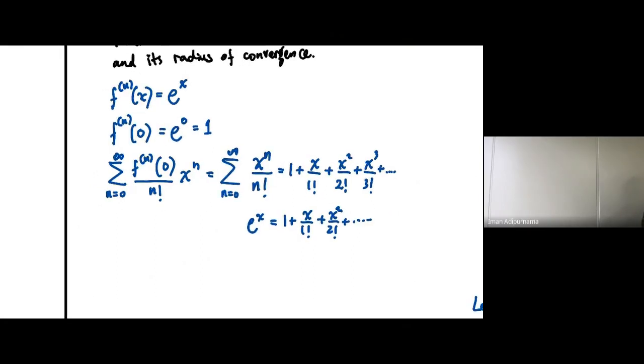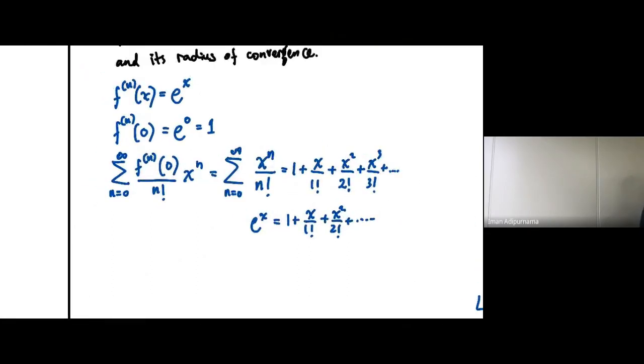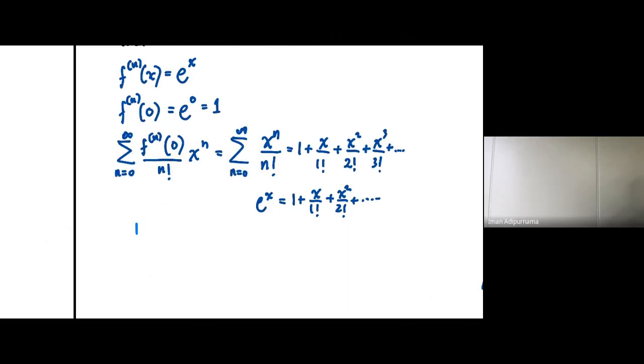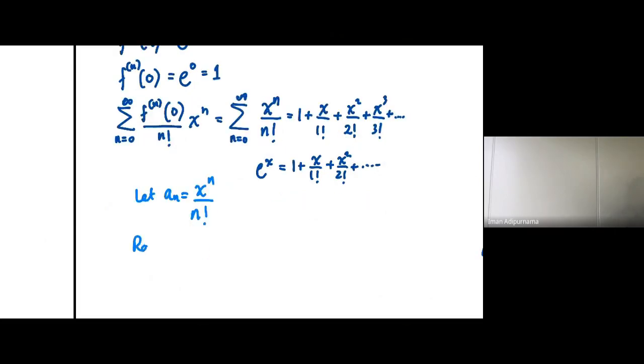And because it's a power series, we also can observe the radius of convergence with the ratio test. Okay. And maybe using the sequence of x and using the ratio test, a_{n+1} divided by a_n.